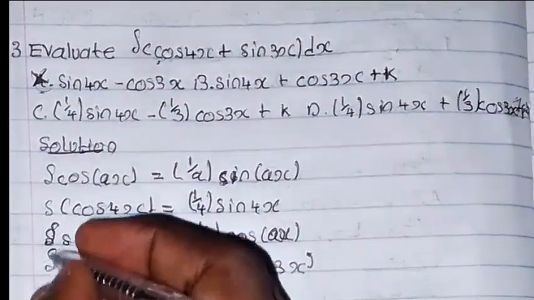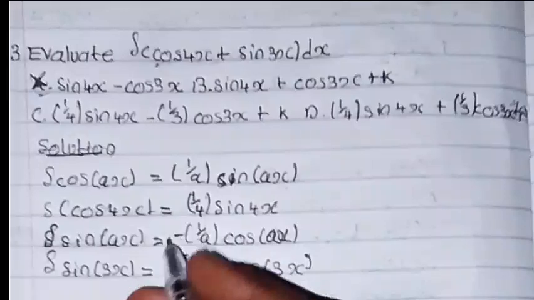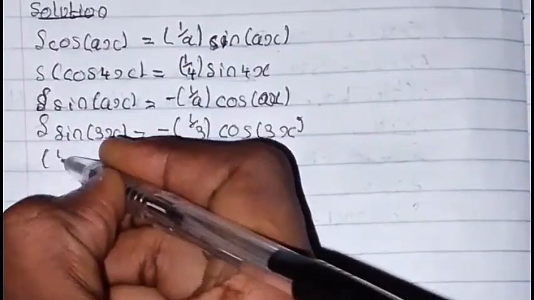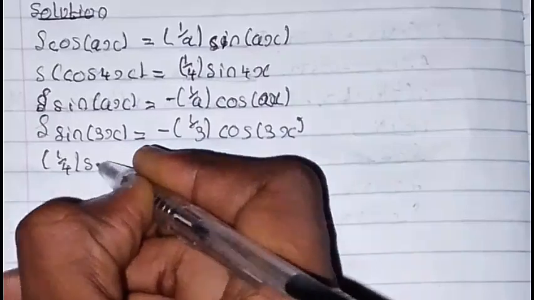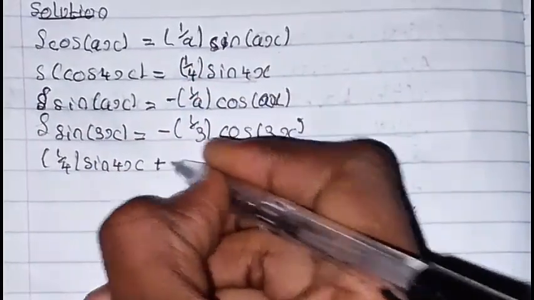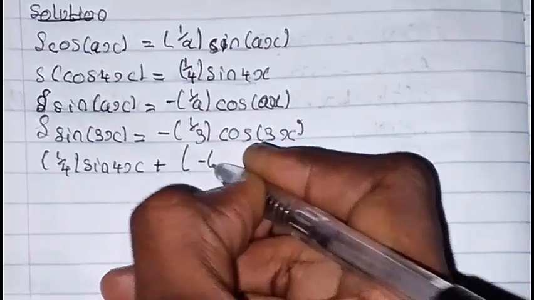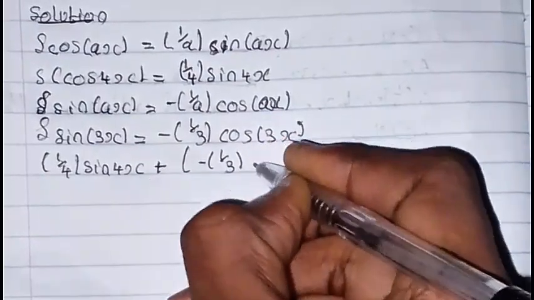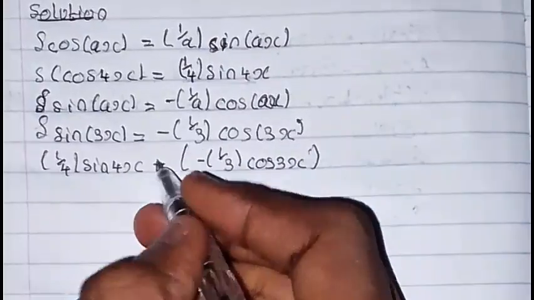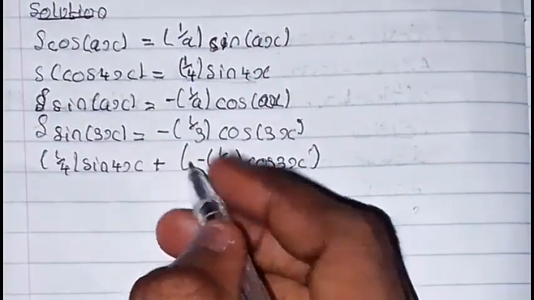Remember, we are treating each function individually. So our answer here, the antiderivative of cos 4x, which we got as 1 over 4 sine 4x, plus, you open the bracket, minus 1 over 3 cos 3x. Alright, so we have plus here, we have minus here, plus times minus gives us minus.